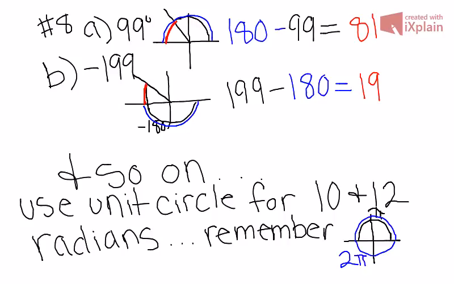So if it's smaller than pi, like 5 over 6 pi for 10a, you know that is going to be on the top half, right? And it's going to be in the second quadrant, so you're able to figure it out from there. You could just do pi minus 5 pi over 6 for 10a. So all that stuff is pretty straightforward. You're just finding that little extra bit that we need to get to the x-axis from where the angle stopped.